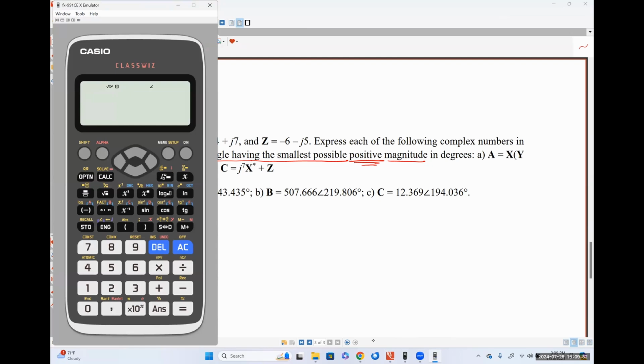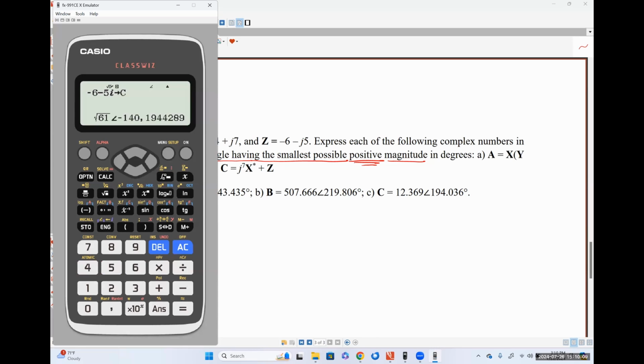So -2 plus 6, and then I'm going to press store A. So it's storing X as A. And the only reason I'm storing X as A is because there isn't a Z memory location on these Casios. 4 plus 7, store as B. And then -6 minus 5j, store as C.